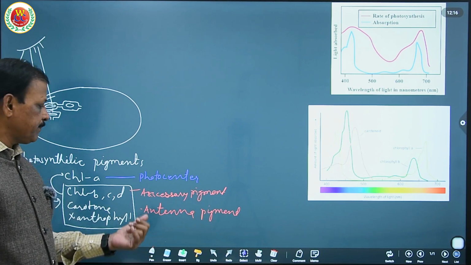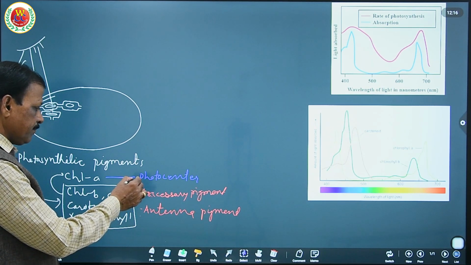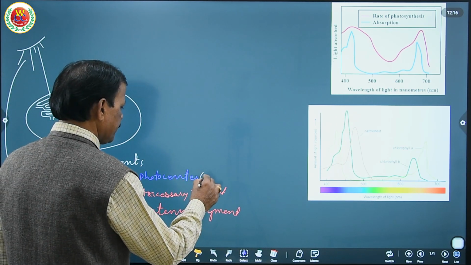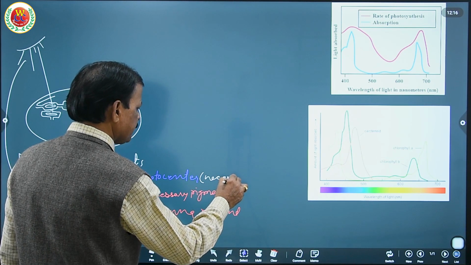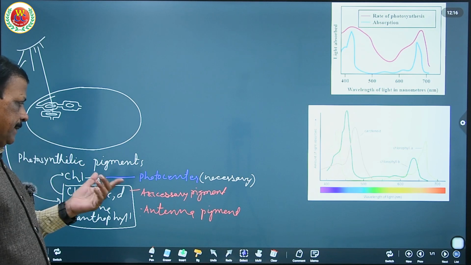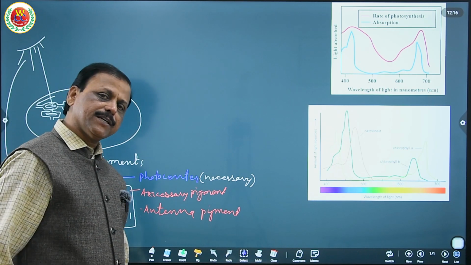Hence they are known as antenna pigment or accessory pigment. But chlorophyll A is known as the photocenter and necessary pigment, because without chlorophyll A, light cannot be converted into chemical energy.